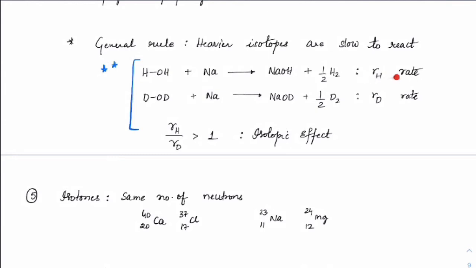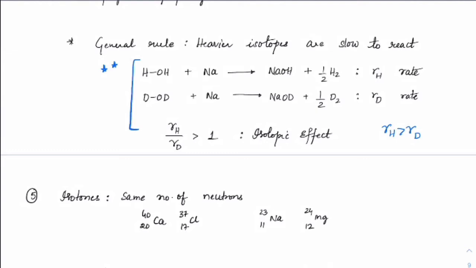So let's say the rate of the first reaction is RH, the rate of the second reaction is RD. Then if you consider the rate of these two, you will always find that RH is greater than RD, or RH by RD is always greater than 1. This is called isotopic effect, which means generally heavier isotopes will always have slower rate of reactions because they usually are strongly bonded.